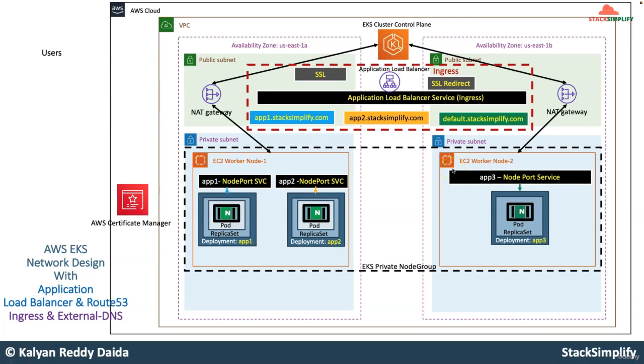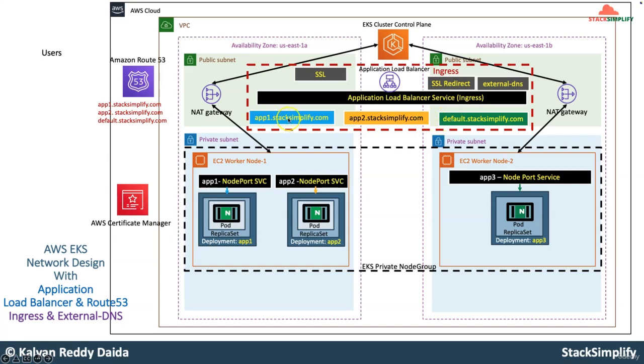So now the next thing is, whenever you deploy this ingress resource, when you define these host rules app1.stacksimplify.com and app2.stacksimplify.com, and you already have the external DNS related pods running in your EKS cluster, it is going to DNS register those domain names you have specified in the host, in addition to whatever you have specified in your external DNS related annotation.